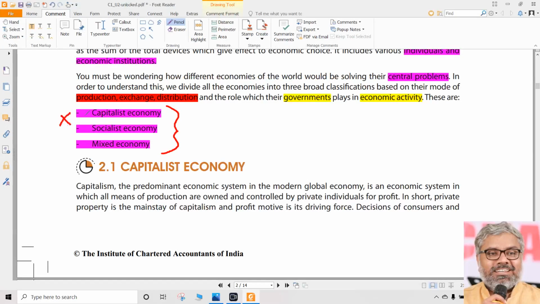If capitalism is in one direction, socialism will be in the opposite direction. We have that relationship, which means whatever the advantage of capitalism is, that will become the disadvantage of socialism, and vice versa. Means disadvantage of capitalism becomes advantage of socialism.